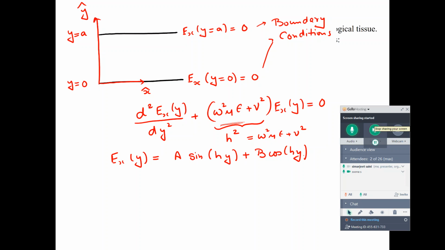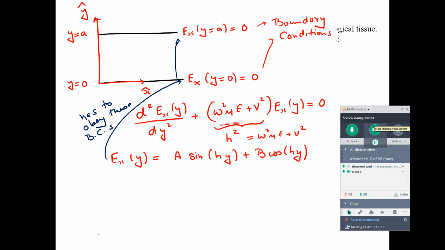And this solution has to obey the boundary conditions we have determined. Again, you can convince yourself, just do a simple mathematical exercise.